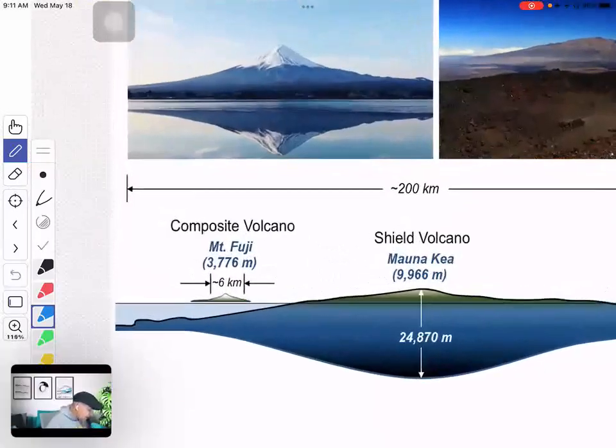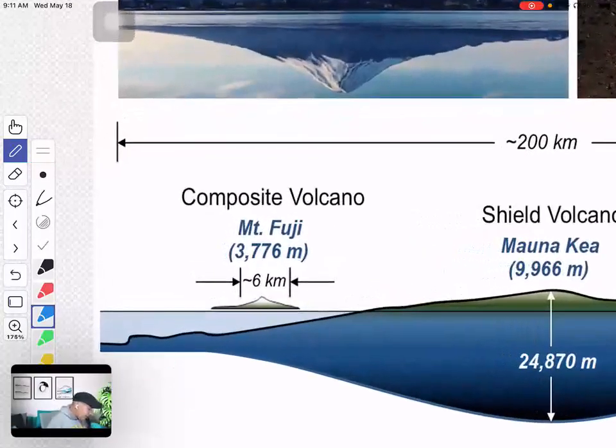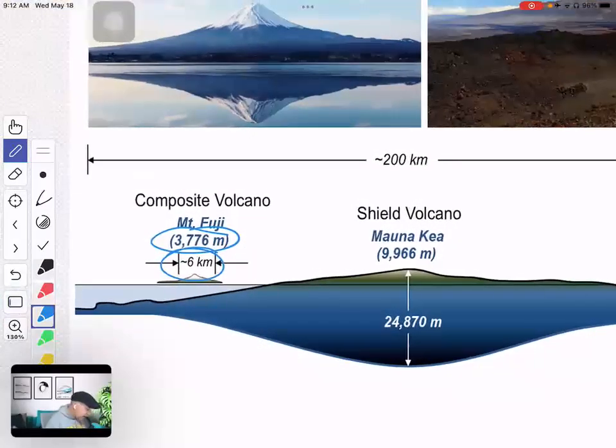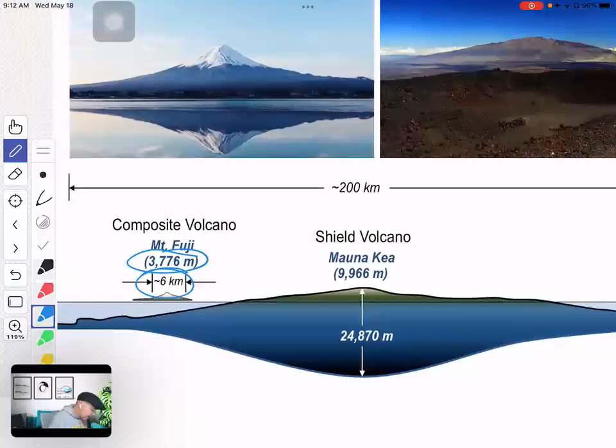You can see here in this picture. Mount Fuji is about 3,700 meters tall, with about 6 kilometers from base to base. And those do not compare with the sizes of Mauna Kea.